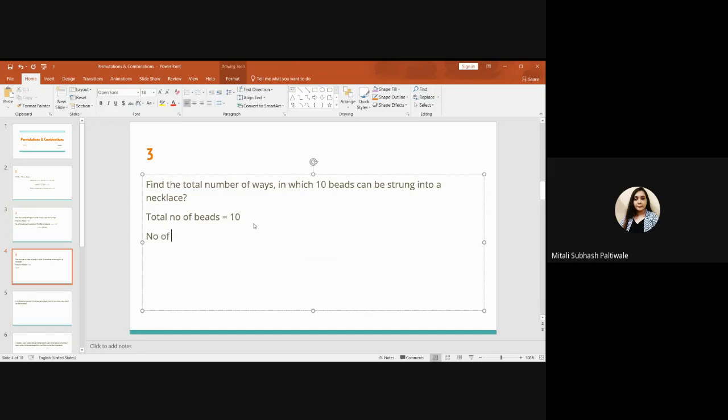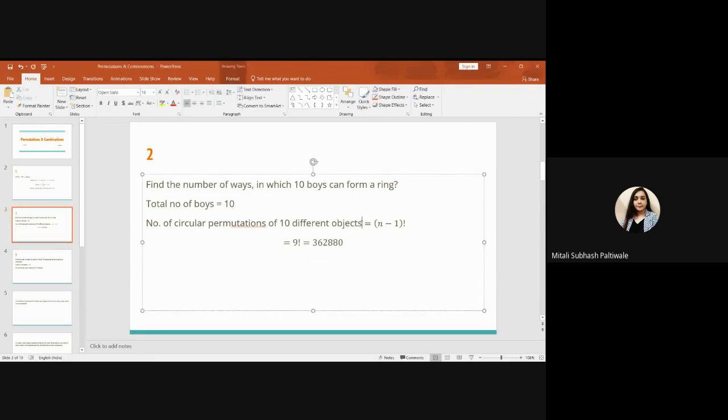Number of circular permutations of 10 beads.